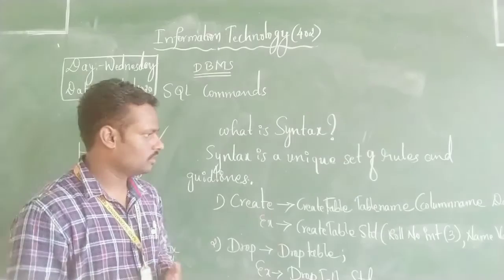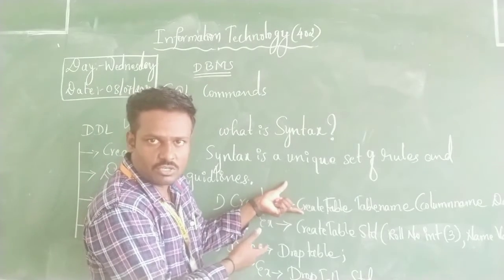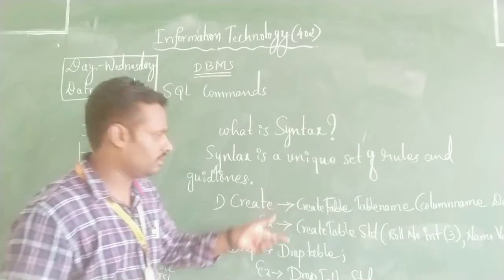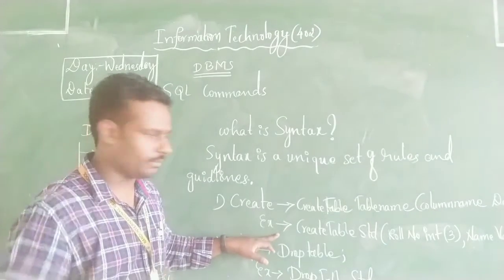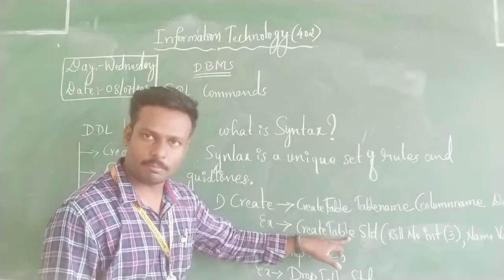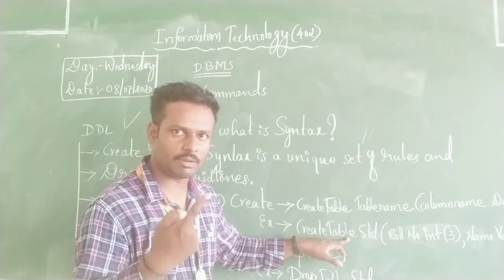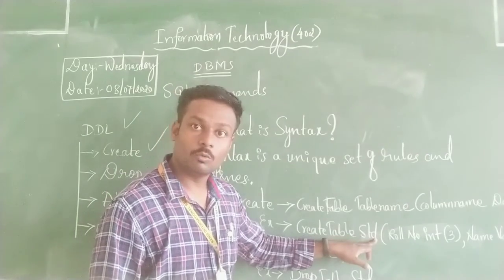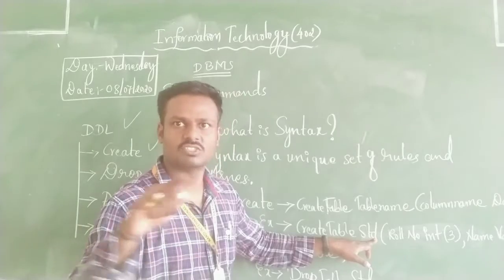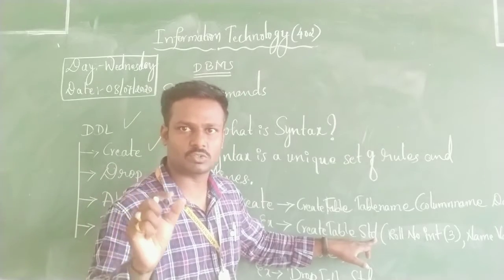With the help of this syntax, you can use any table name. Suppose for example I have taken a student table. Now I want to create a table called student table. So create table, and the table name is std, in short, for student table.